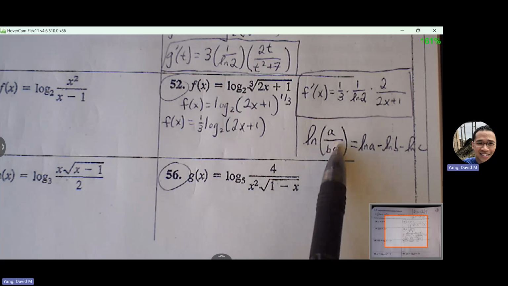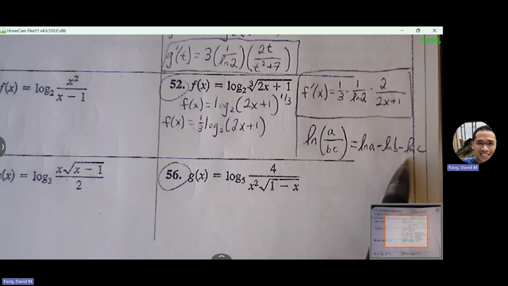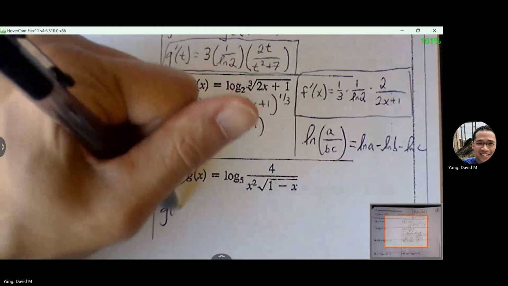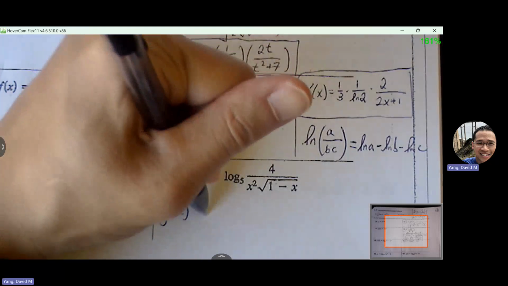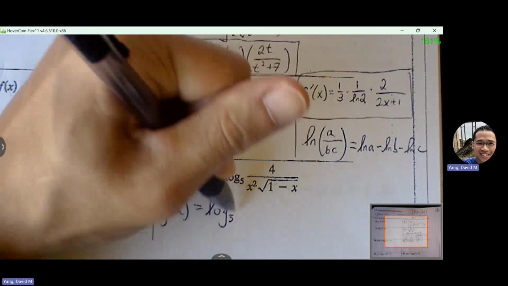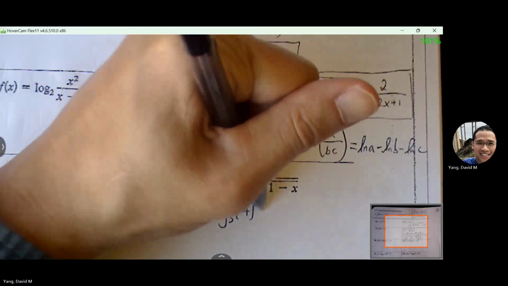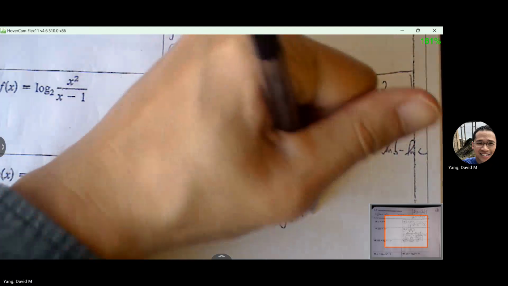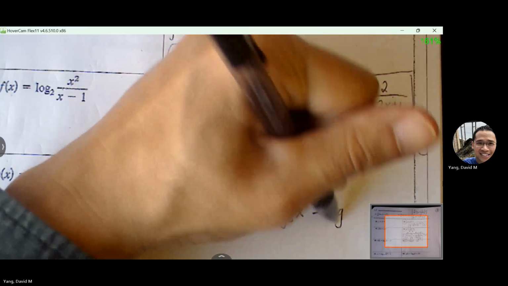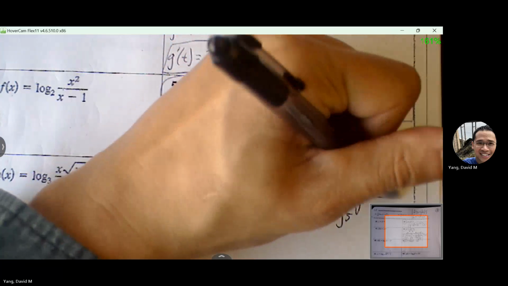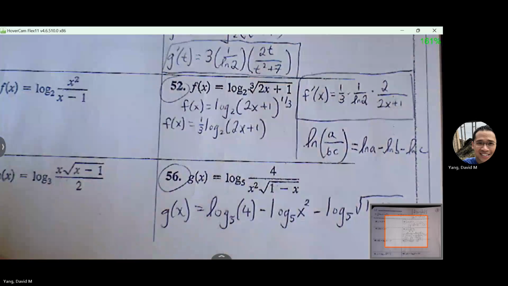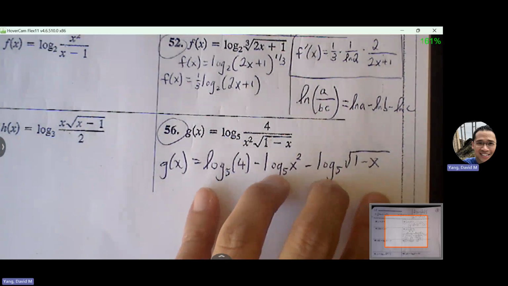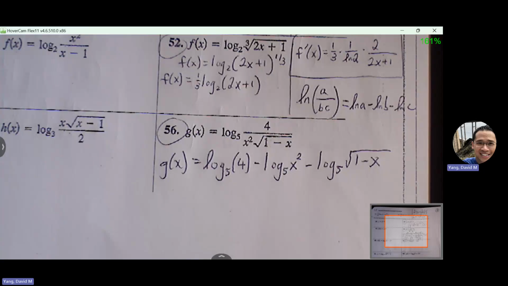If things are in the denominator, it'll be part of a negative log or natural log. So I can do a quick expansion and separate all the pieces in one step. And then I've immediately converted this into 3 smaller problems, and each would just be its own individual thing.